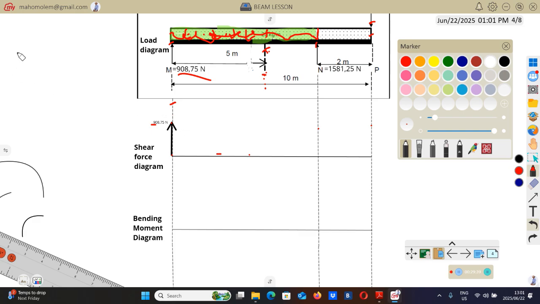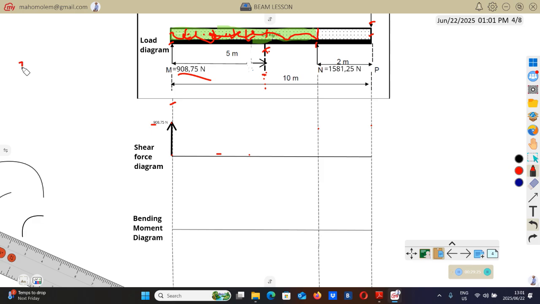Remember, the weight per meter length will be 25 multiplied by 9.8, which is 245 per meter length.